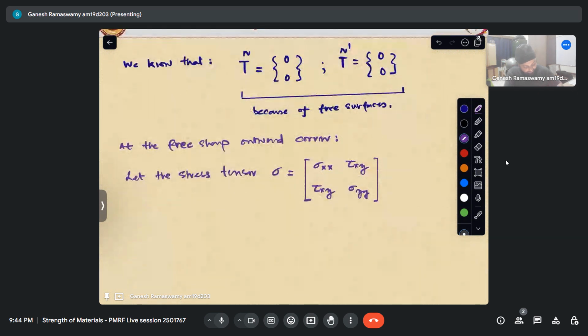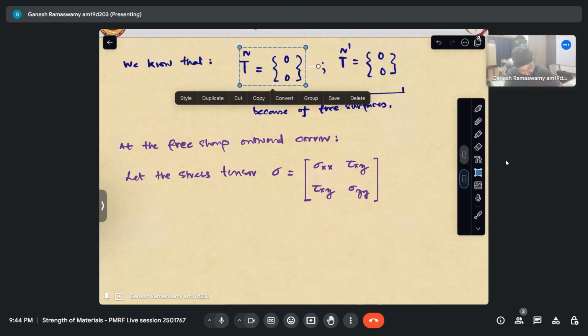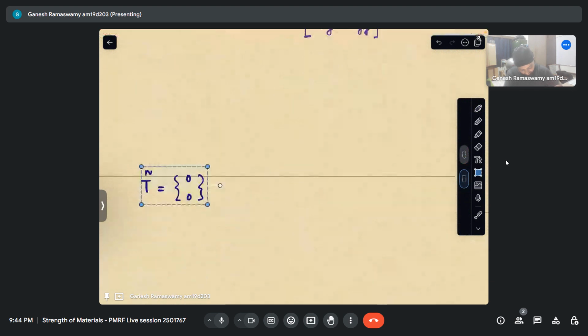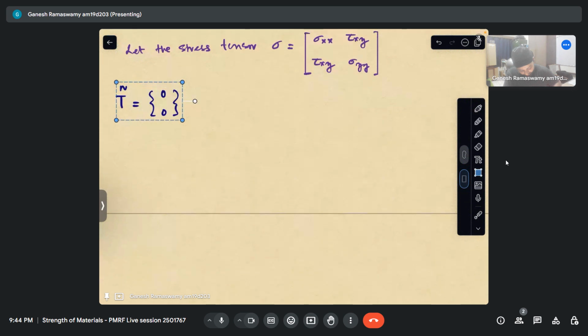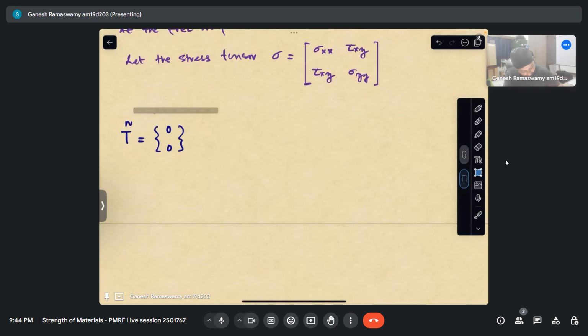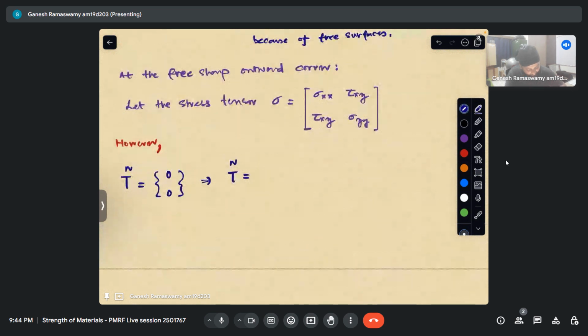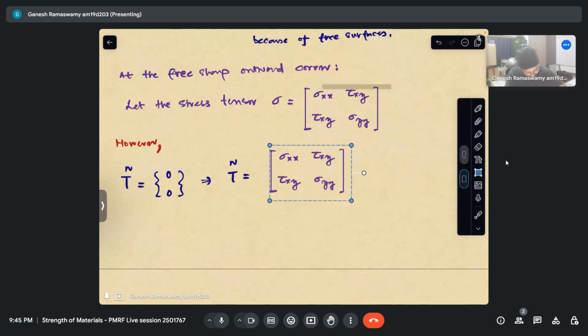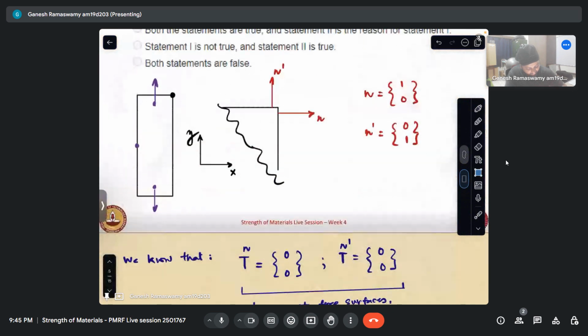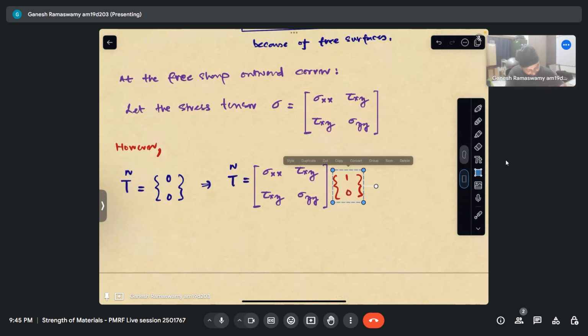Now let us apply Cauchy's formula that follows. We know that this is 0, but this follows that Tn, from Cauchy's formula, we know this is this acting upon the normal to that surface.